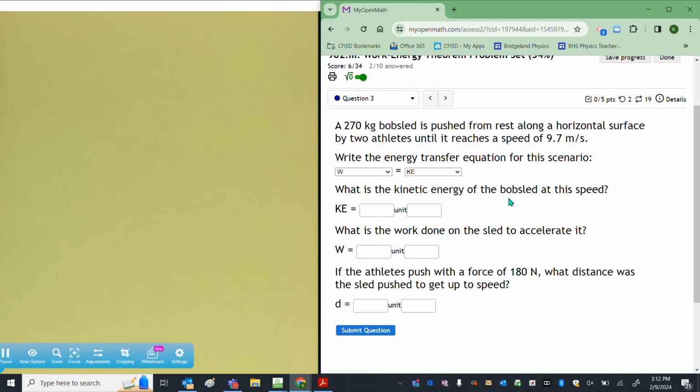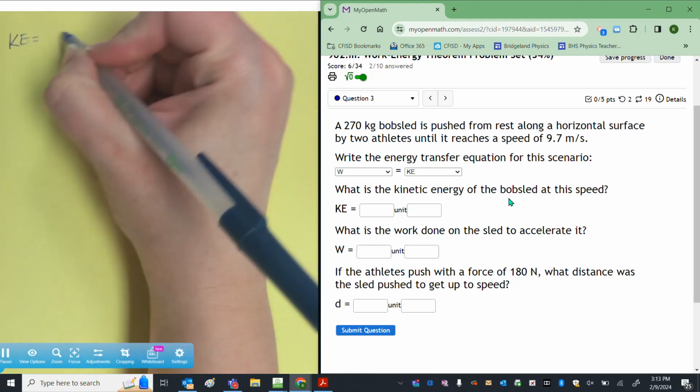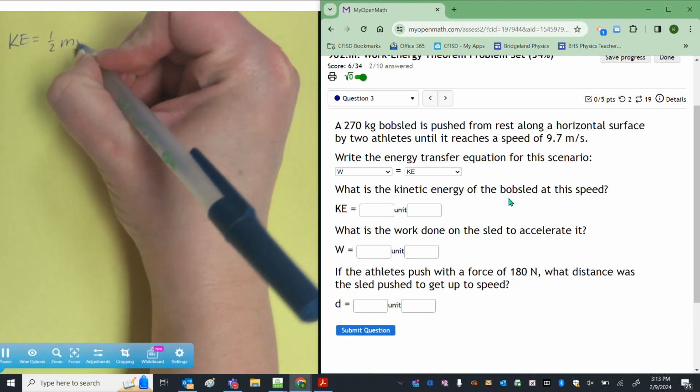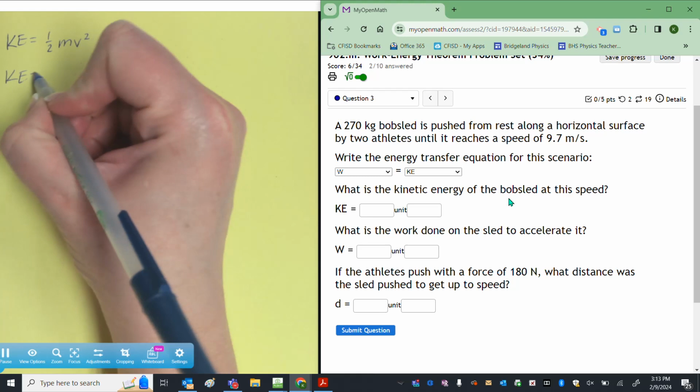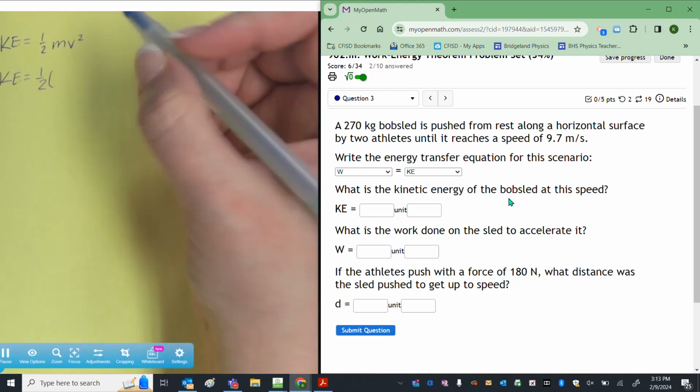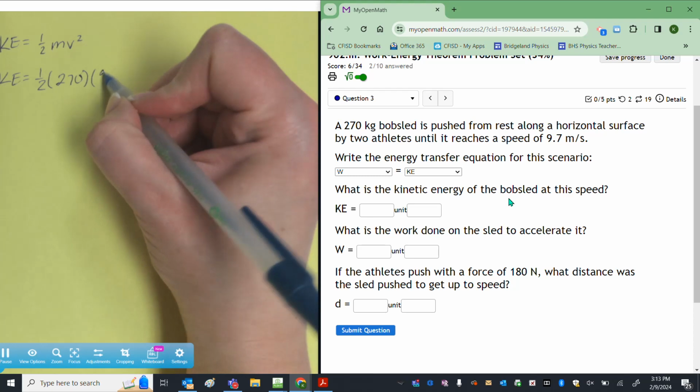All right, so the next question says, what is the kinetic energy of the bobsled at this speed? So we're going to solve for the kinetic energy using the kinetic energy equation, which is 1/2 mv squared. And so we're looking for what the energy is. We have the mass, it's 270. We have the velocity, it's 9.7.